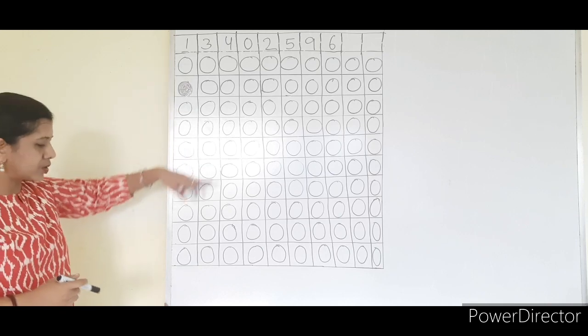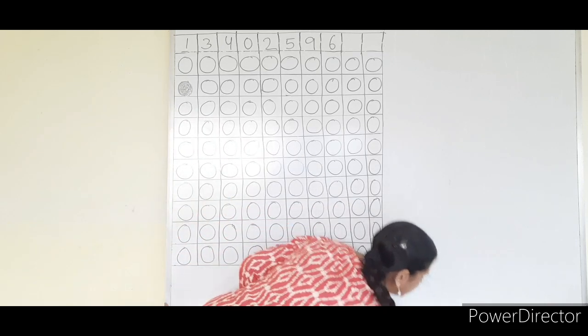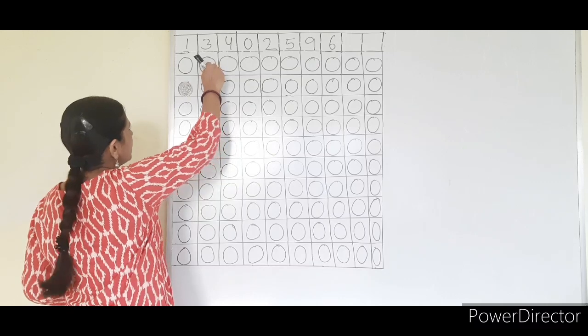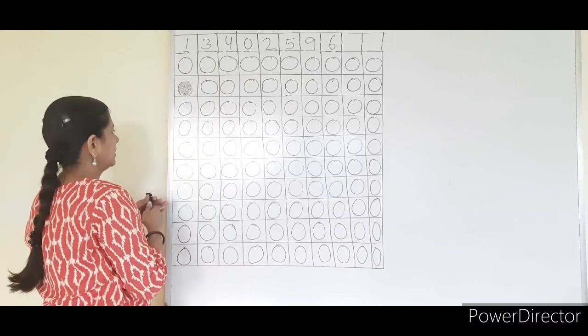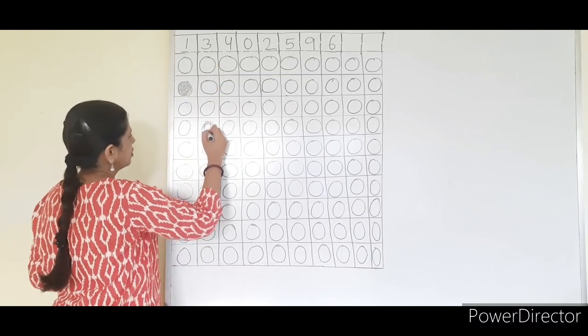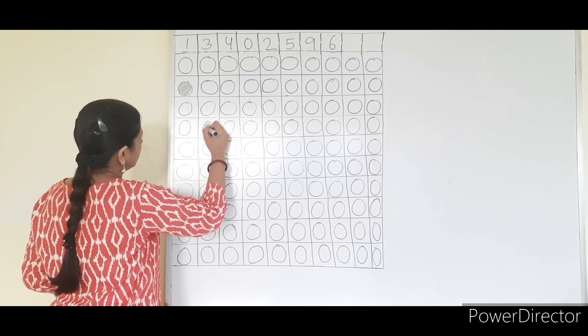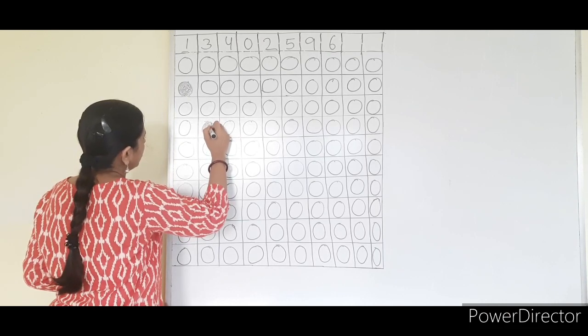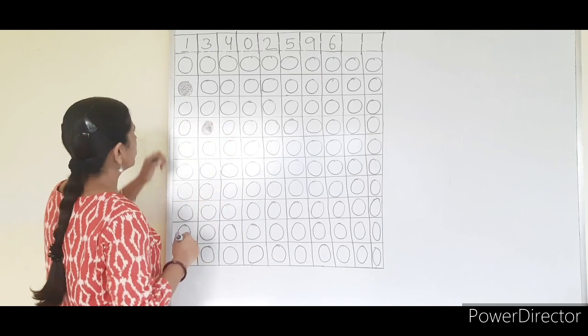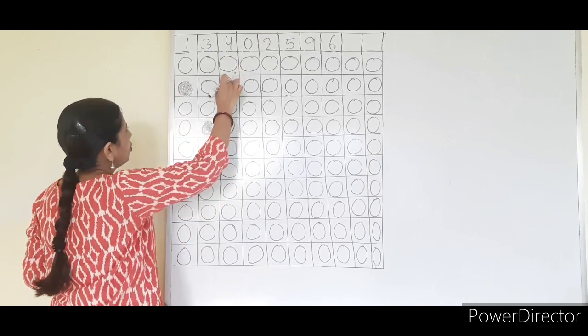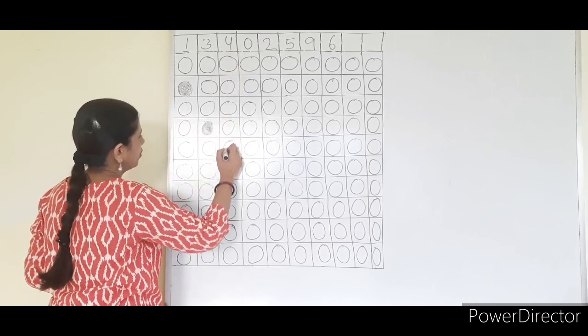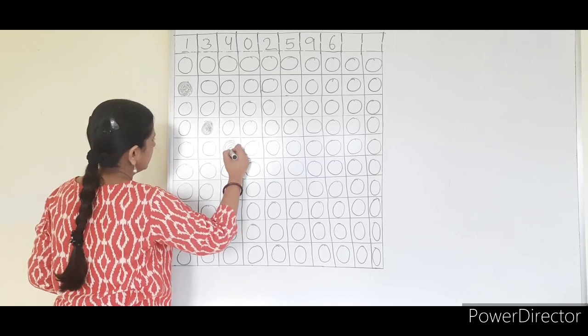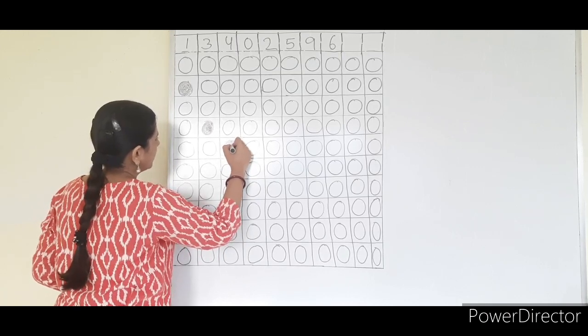Now it is 3. So how to fill? 0, 1, 2, 3. This one is 3. Fill this completely. Next one is 4: 0, 1, 2, 3, 4. Fill it up completely.